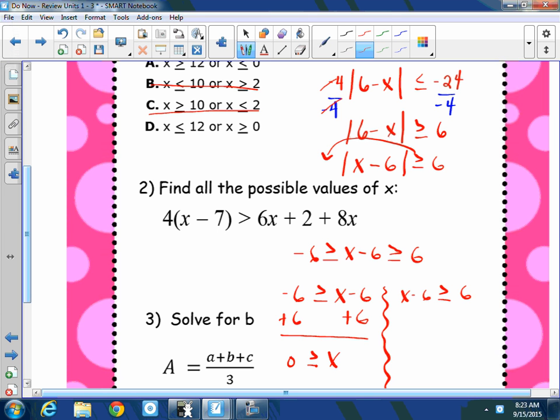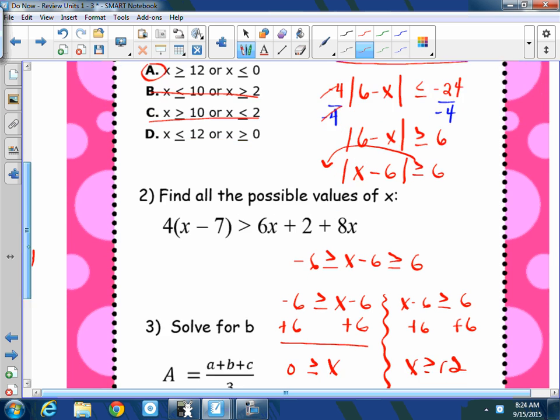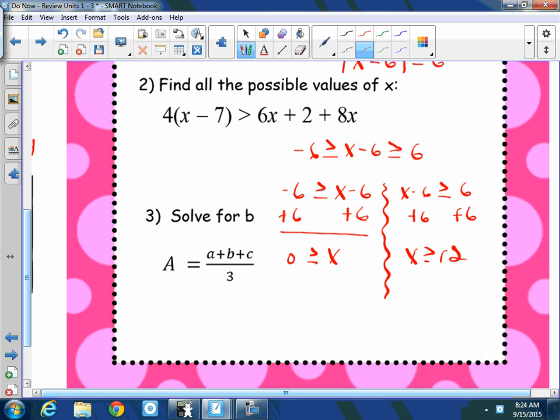As soon as you do one part, you're going to be able to eliminate these two. And then the next one would be plus 6 plus 6. Do I really need to finish it? There's only one that has a 12, right? x is greater than or equal to 12, and that would be letter A. There you go, and we're done.